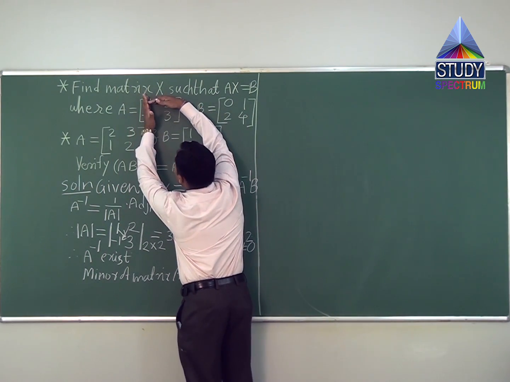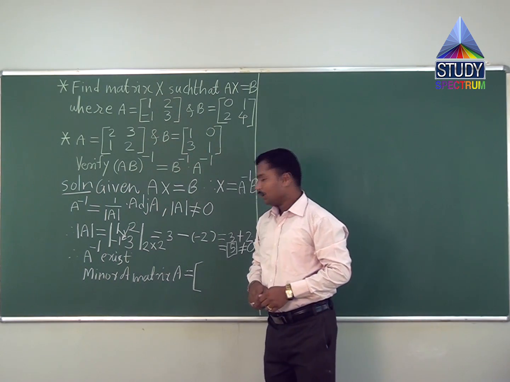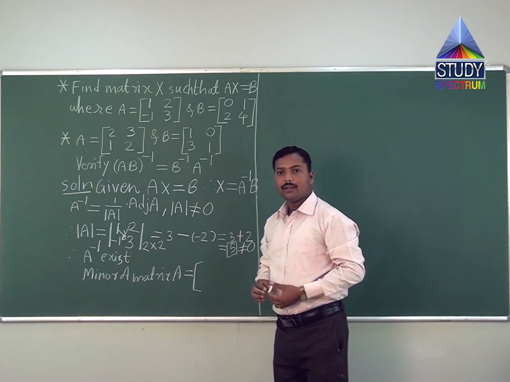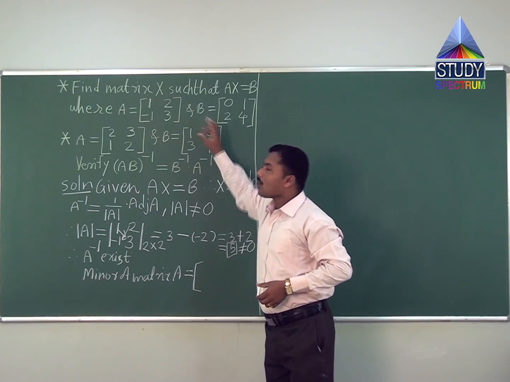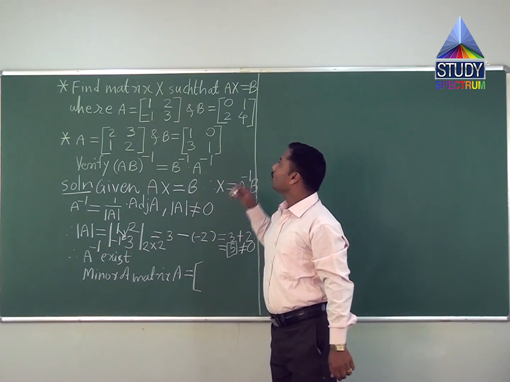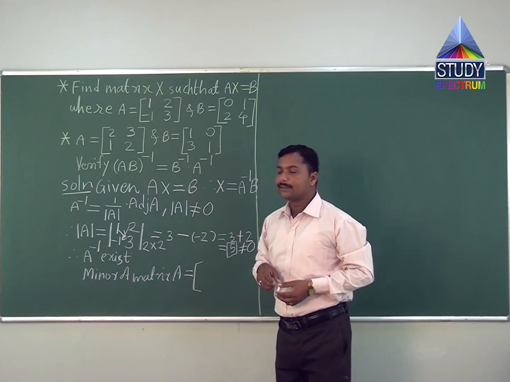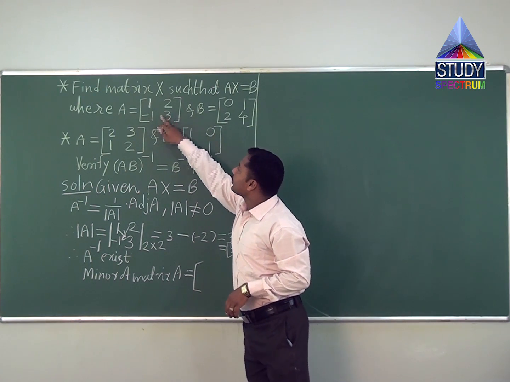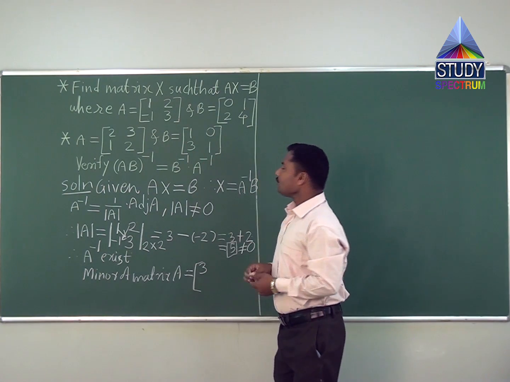So what remaining? 3. So we take the determinant of 3. Determinant of 3 is a first order determinant, and a first order determinant is expanded by its number itself. So determinant of 3 is itself 3.